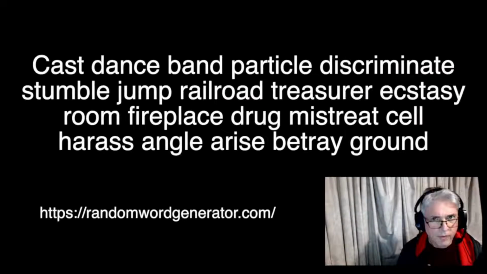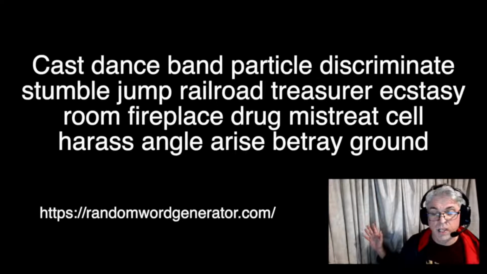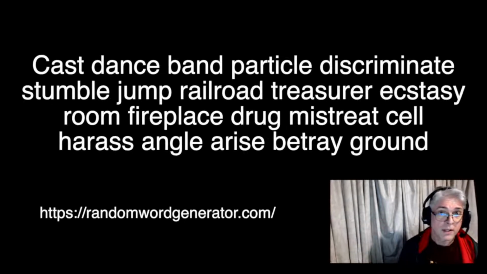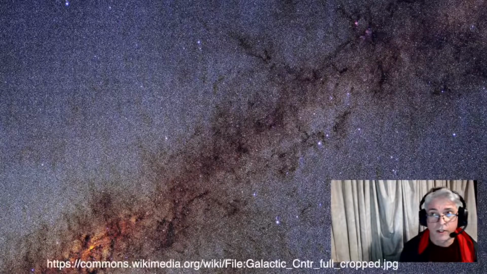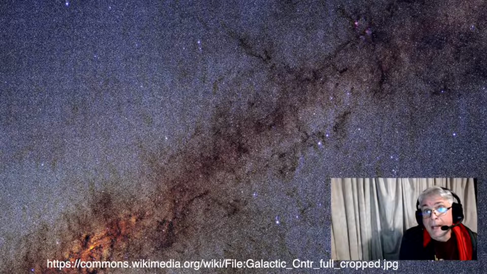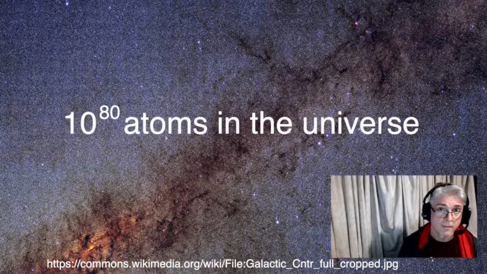So, with a random sentence of 20 words, and given that there are about 20,000 to 40,000 words in English, a complete set of random 20 words is 20,000 to the power of 20, which is about 10 to the power of 86. And there are about 10 to the power of 80 atoms in the universe.